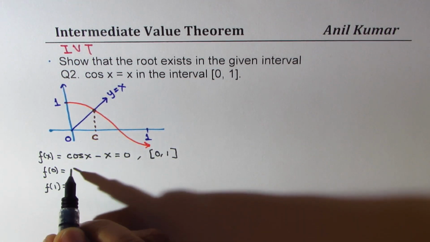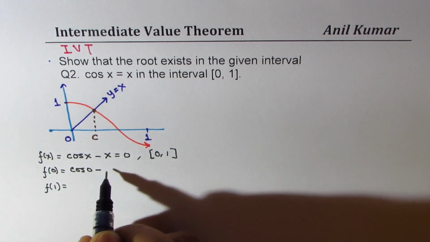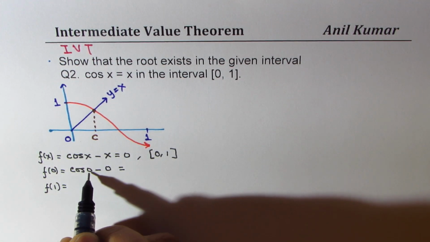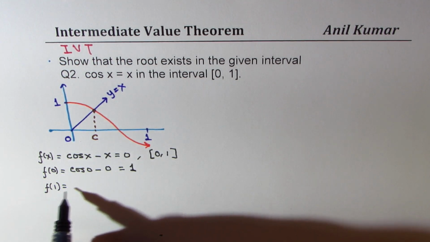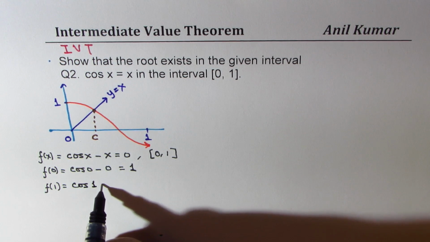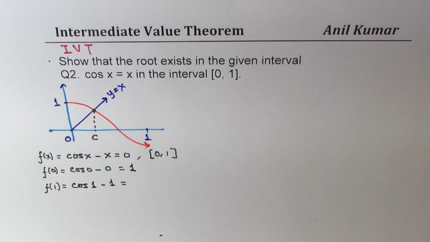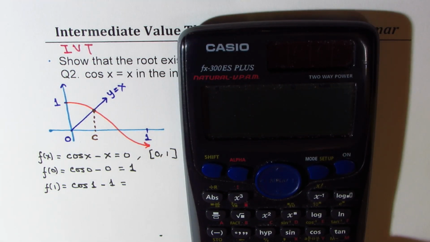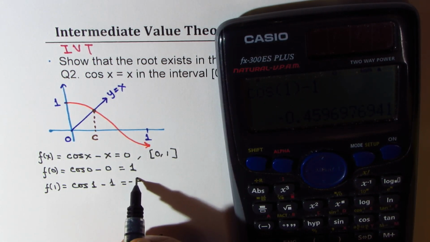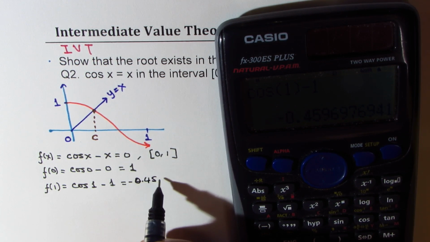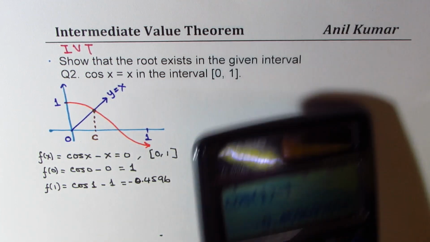If I substitute 0 here, I get cos 0 minus 0. We know cos 0 is 1, so we get 1 minus 0, which is positive 1. And for 1, we'll get cos of 1 minus 1. Let's calculate this value using the calculator. We get negative 0.4596.